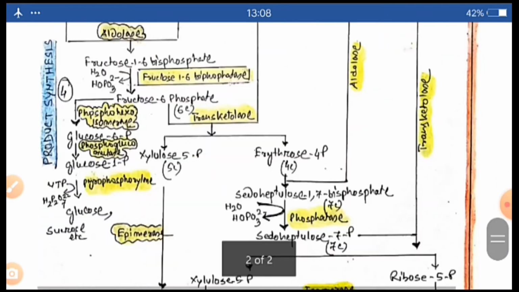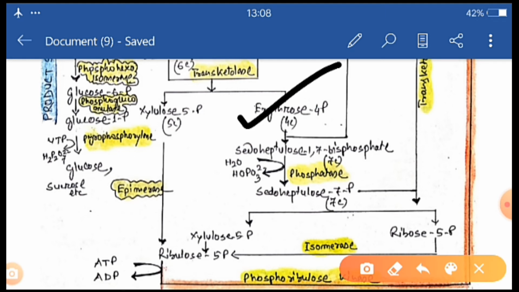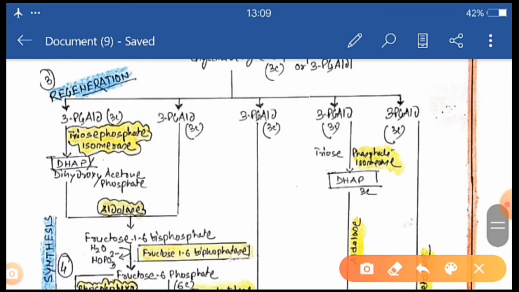Now let us see what happened to the 4 carbon compound erythrose 4-phosphate. This 4 carbon compound reacts with DHAP, which was the product of PGALD, in the presence of the enzyme aldolase.